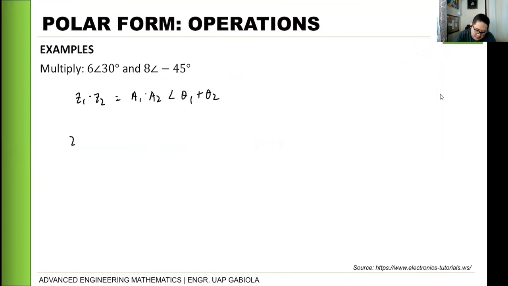So to get our product, that is 6 times 8 angle of 30 plus negative 45. Okay? So that is equals to 48 angle of negative 15. Okay? So this will be our product.